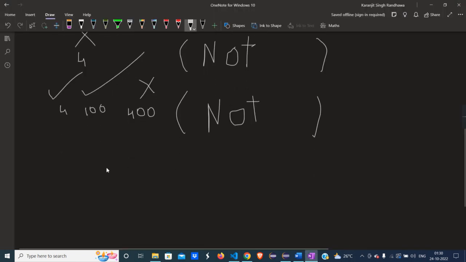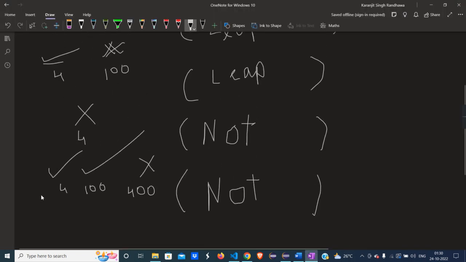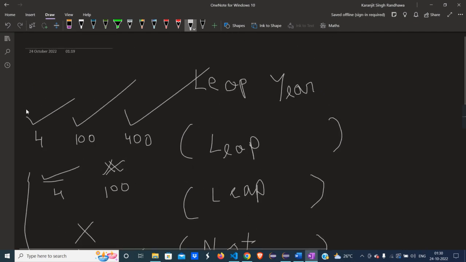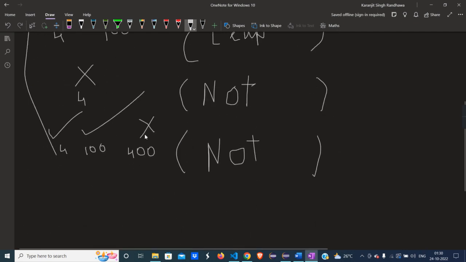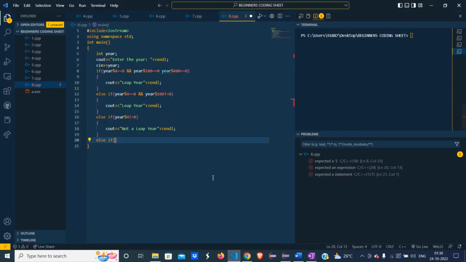The last condition we have taken: if it is divisible by 4, divisible by 100, but not divisible by 400, then it is not a leap year. If it was divisible by 400, it would have been caught by the first condition that we have checked, right? So since it is not divisible by 400, this is not a leap year.